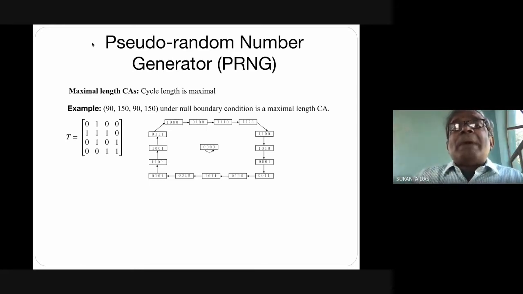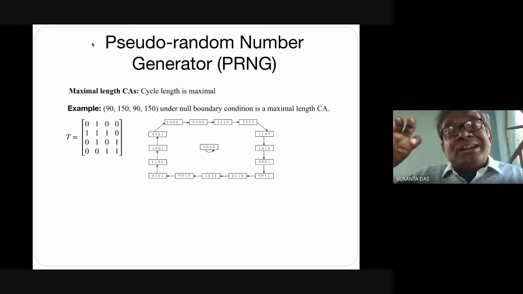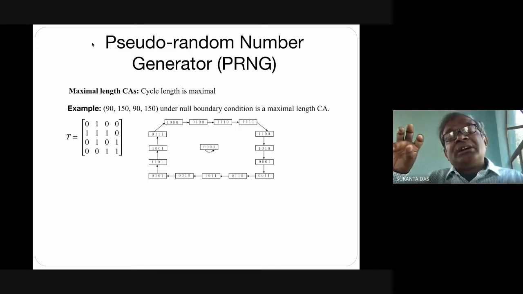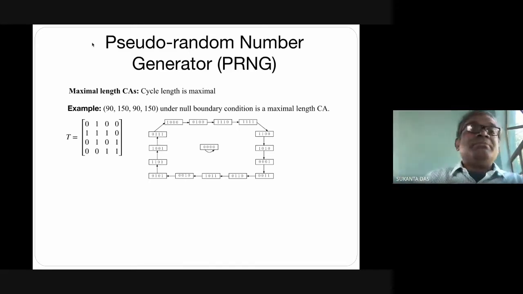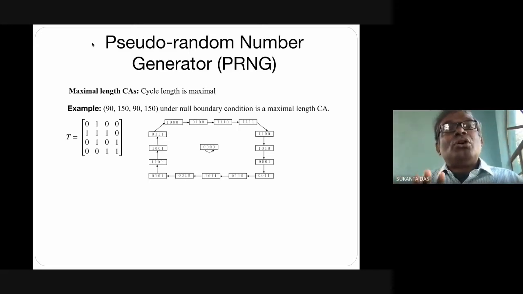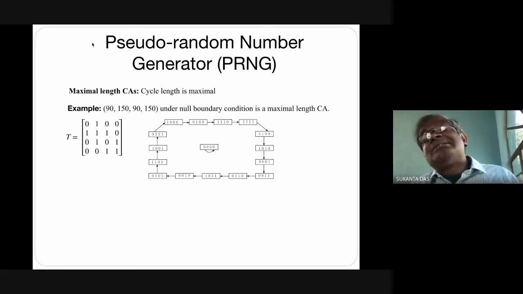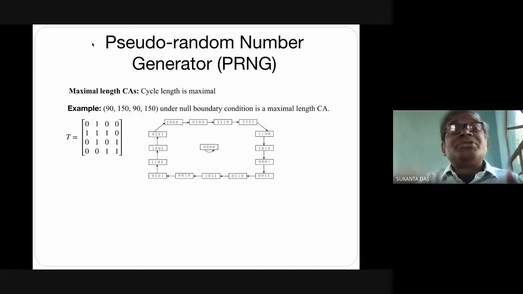So I need a mapping function which translates the configurations to some numbers, right? So although pseudo-random numbers and pseudo-random patterns are not the same, in my discussion sometimes I'll use the terms interchangeably. Anyway, so these maximal length automata can be used as PRPG, pseudo-random pattern generator, or pseudo-random number generator.